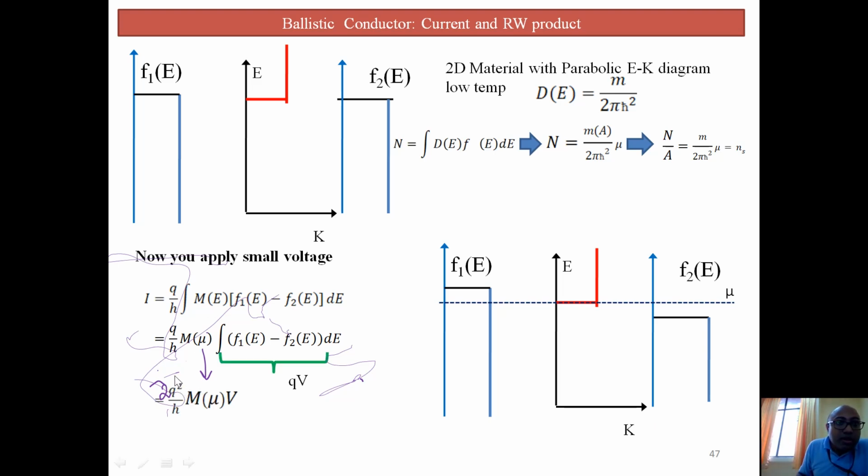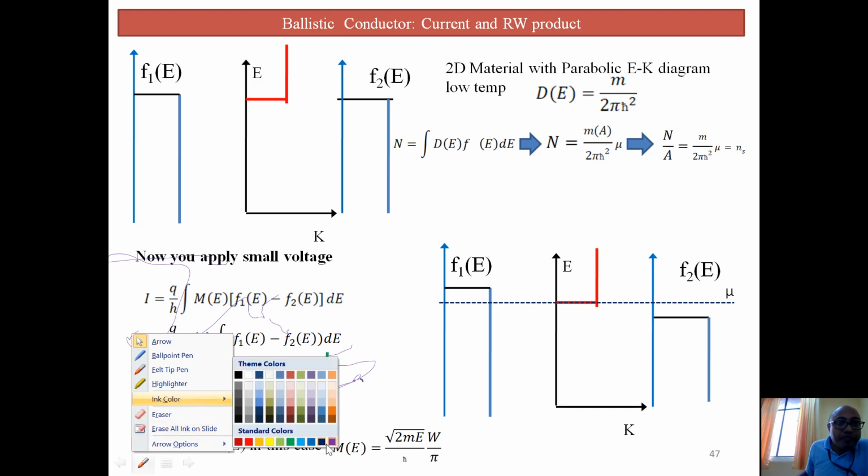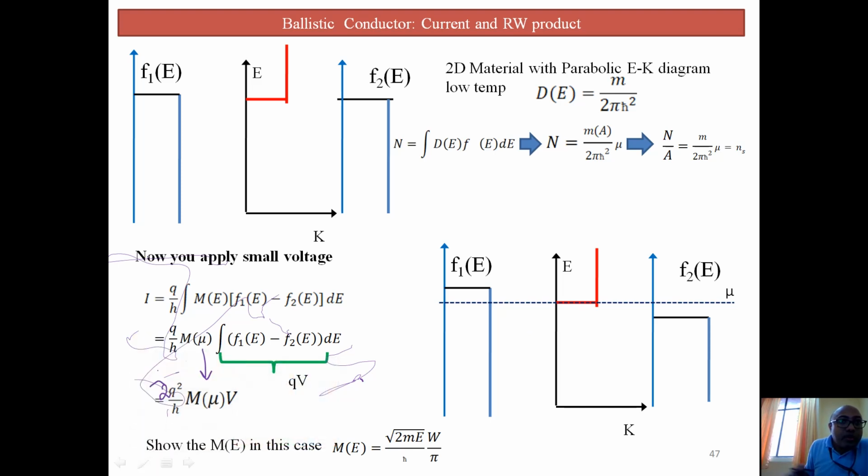Sometimes they have added this 2, and if you see this factor 2 here, it is due to the spin. So don't confuse it. Some papers write only Q square by H ME, some papers already multiplied by 2, meaning 2 spin. So 2 Q square by H mu by V.